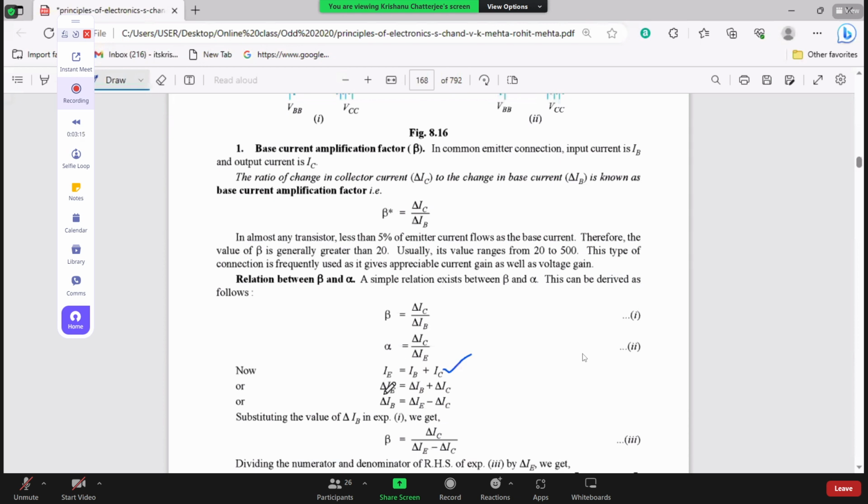So the change in the emitter current equals the change in the base current plus the change in the collector current. So the base current is the change in emitter current minus the change in collector current. Replacing this IB in beta, we have beta equals delta IC by delta IE minus delta IC.